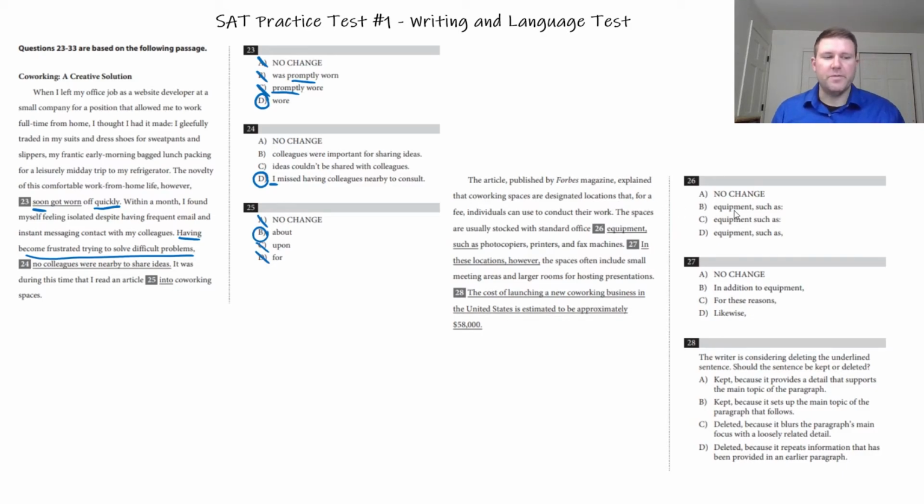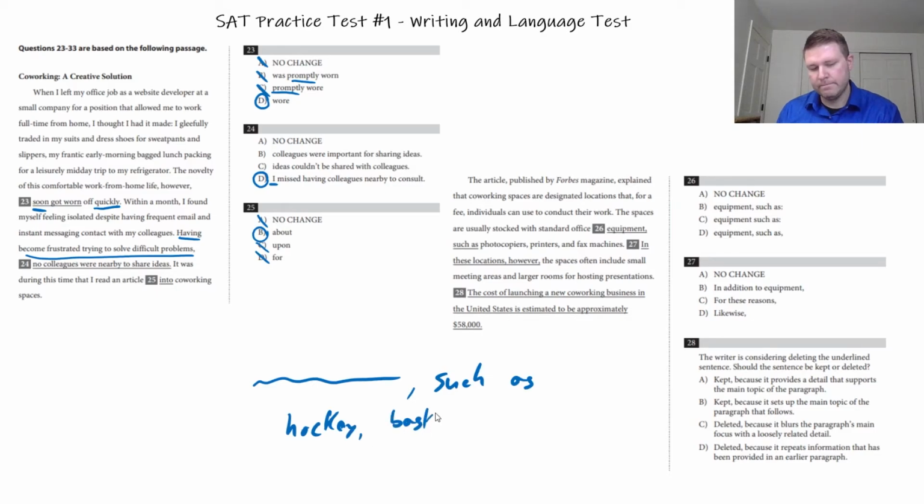So contrary to popular belief, you don't need a comma after such as. A lot of times there'll be a comma beforehand, but just for example, right, as another sentence we could sort of look at, let's say I said, I enjoy many sports. That's what this is. So I enjoy many sports, such as hockey, basketball, and soccer.